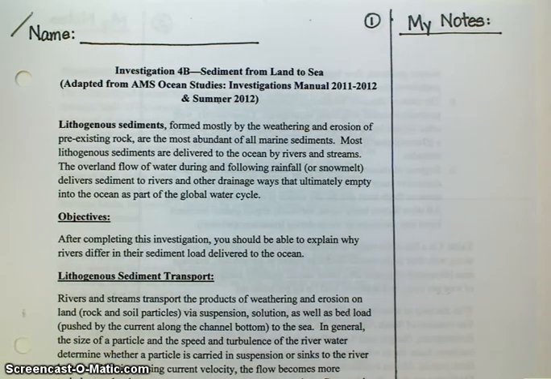I'm going to show you all of that in just a second, but just to make sure that you're paying attention, please draw a little tree out to the left of the words lithogenous sediment.